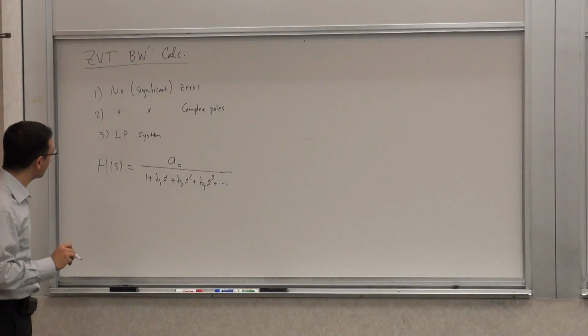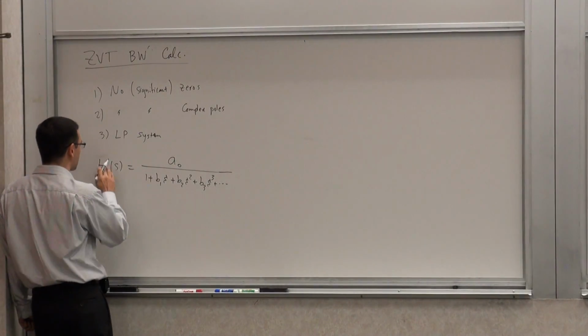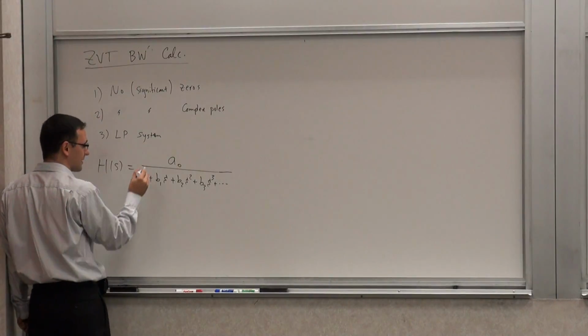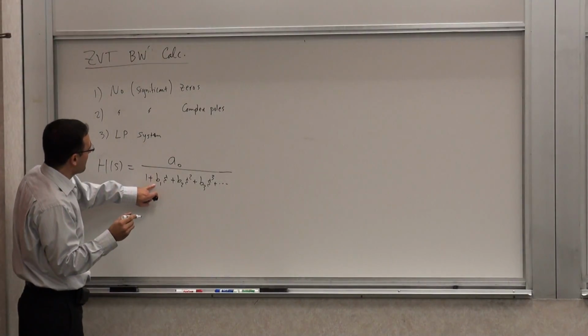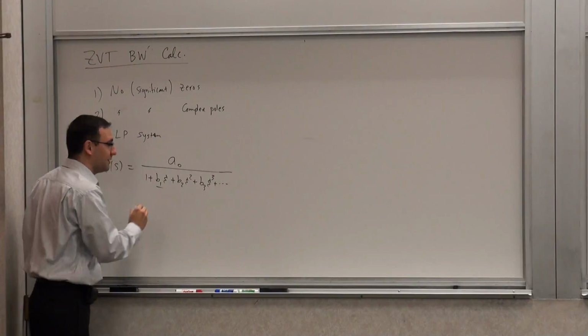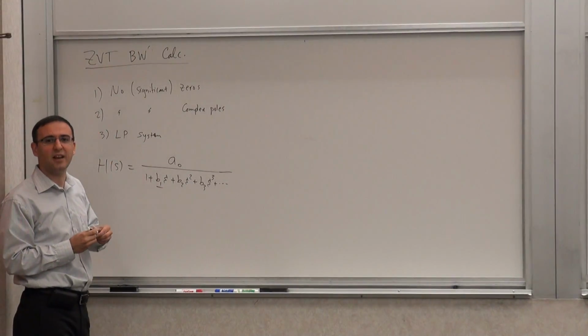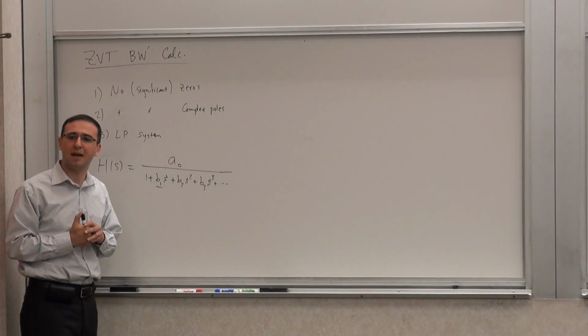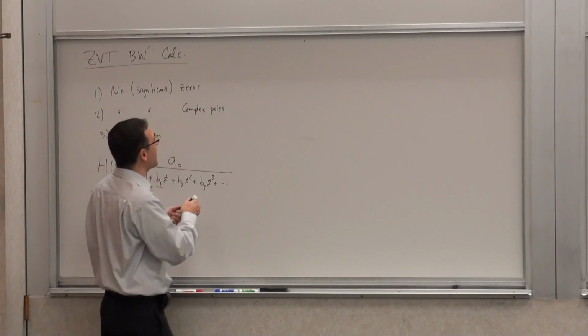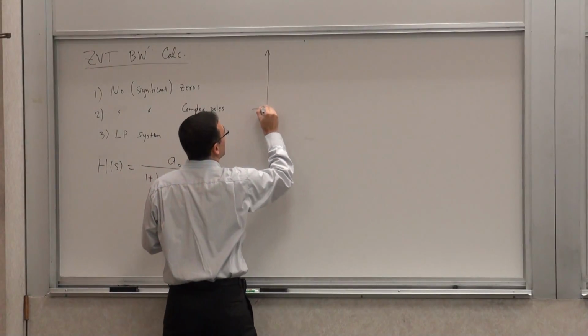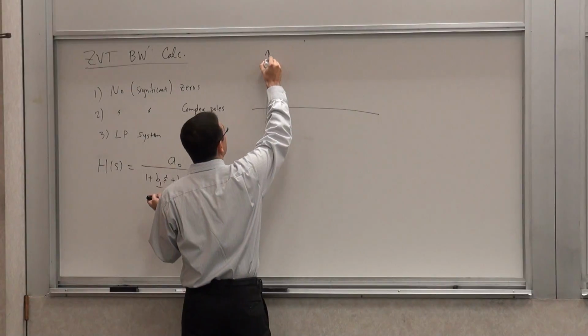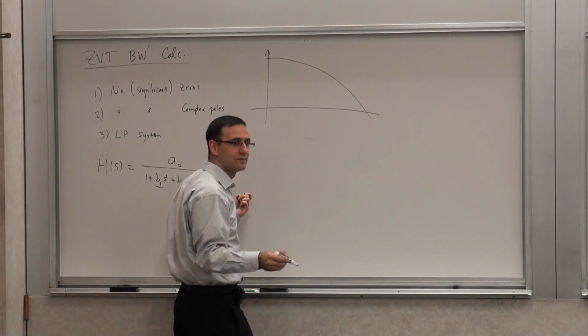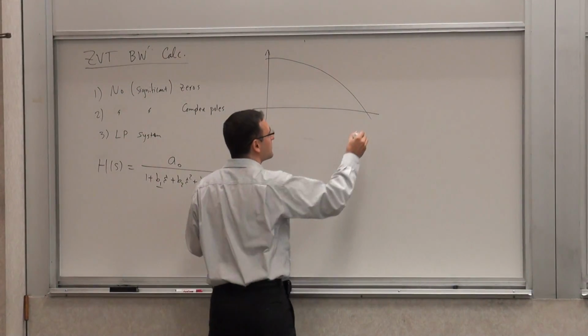If you have a system like that, and let's say you don't have dominant poles, and I'll show why that matters in a second. The question is, can I use this information to estimate my value? How can I do it? Well, what does the transfer function of a system like this look like? It's going to be monotonically decreasing, right? Because you have poles.